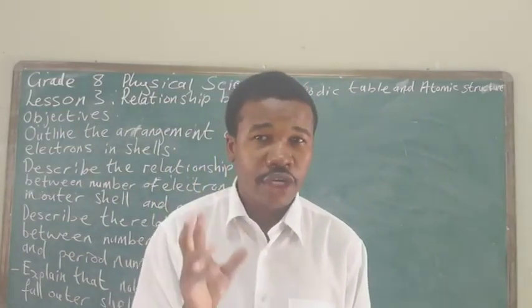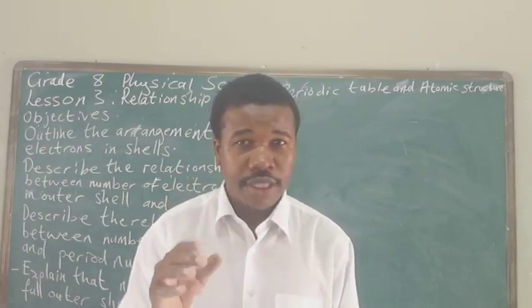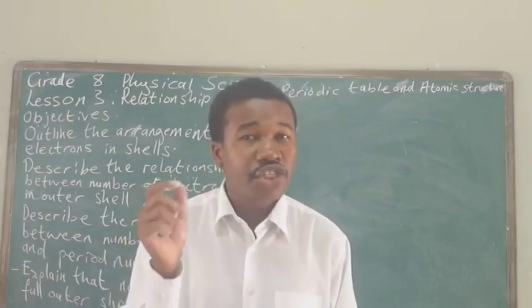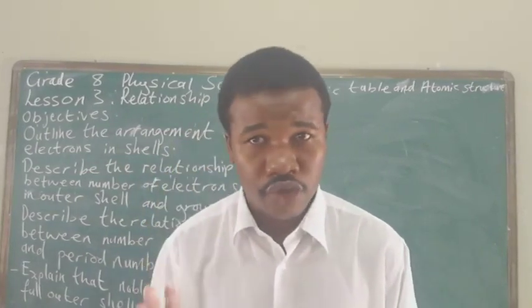That is the electronic configuration, the arrangement of electrons in shells surrounding the nucleus of the atom.